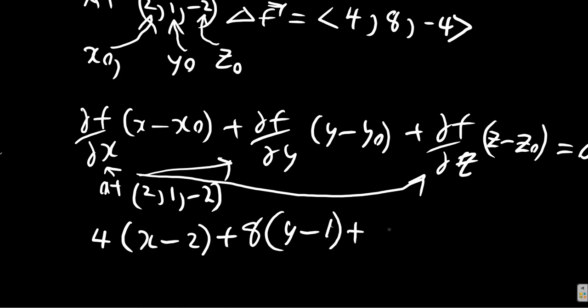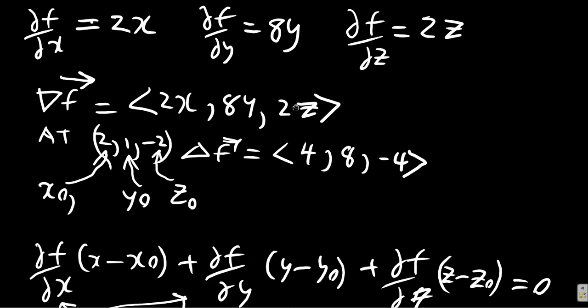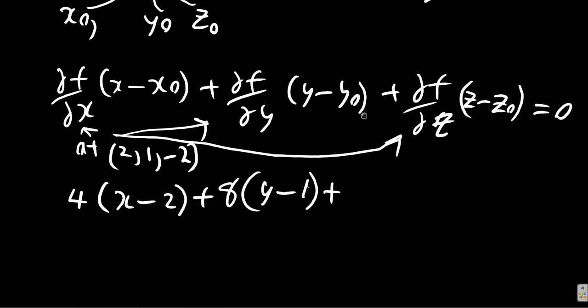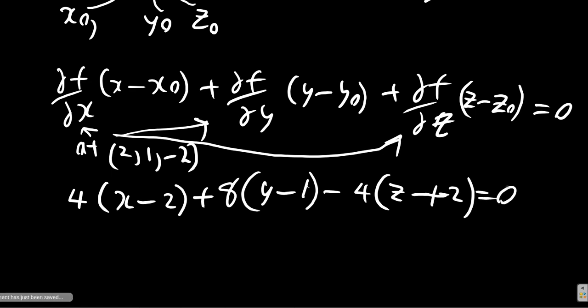Plus delta f by delta z, which was 2z. When we put in negative 2 for z, we get negative 4. So it's going to be minus 4 times z minus z0, and z0 is negative 2, but minus negative 2 means plus 2, equals 0.